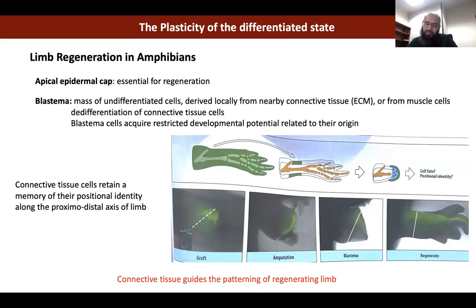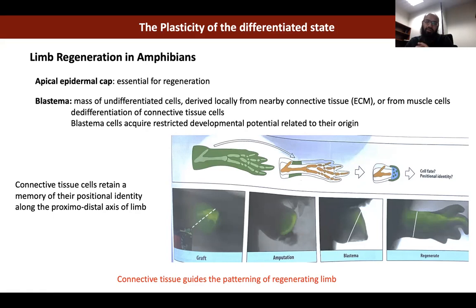If you make a cut on the limb of this amphibian, the first thing that is formed is the apical epidermal cap. It is immediately covered by this skin layer, shown in green here. So the wound is covered by this.